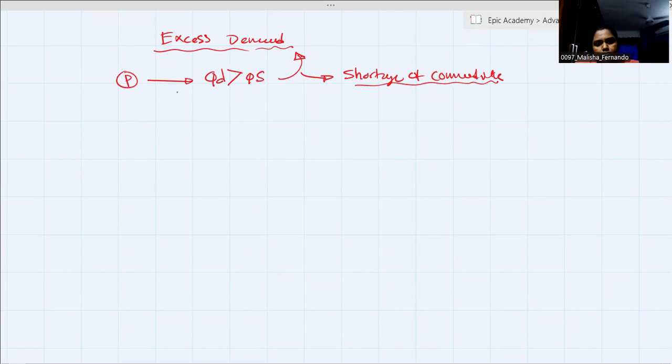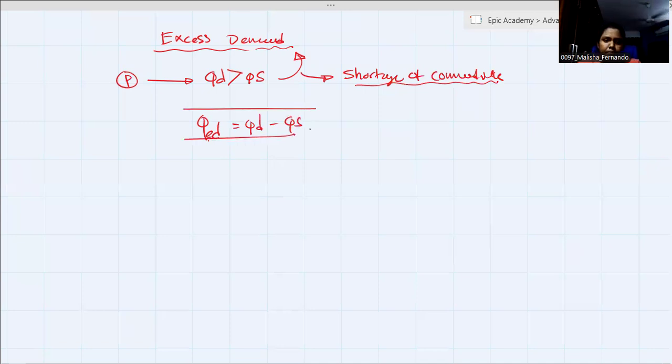And how can we calculate the shortage or excess demand? Excess demand is represented by QED. E means excess, D means demand. QED means excess quantity demanded. QED equals QD, the quantity demanded, minus QS, the quantity supplied.